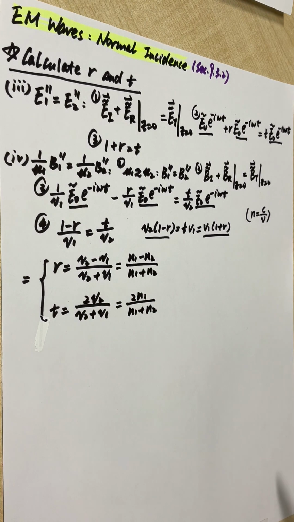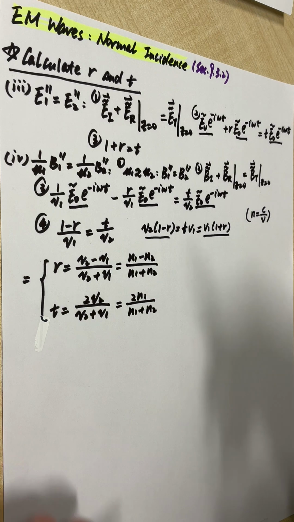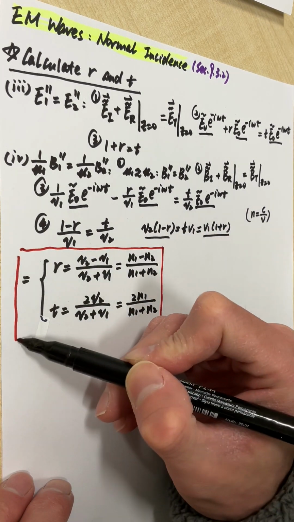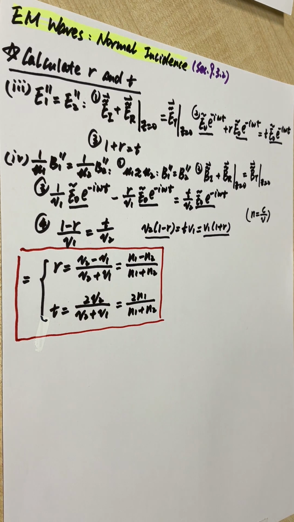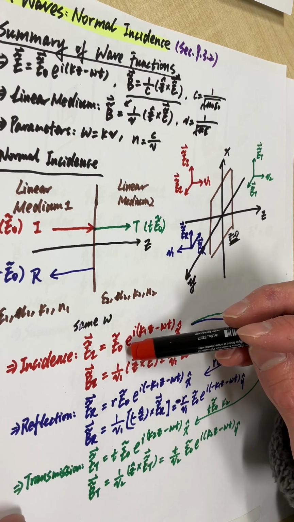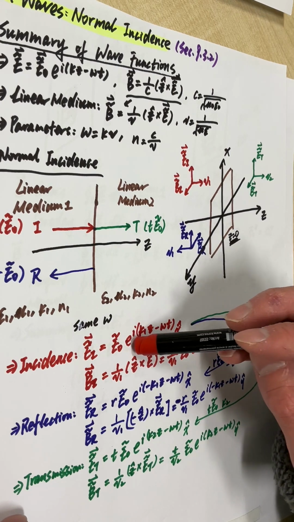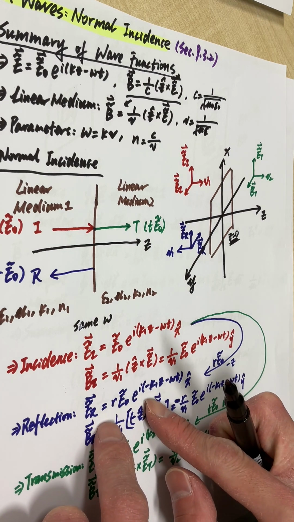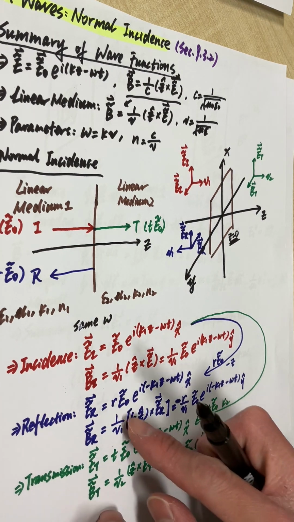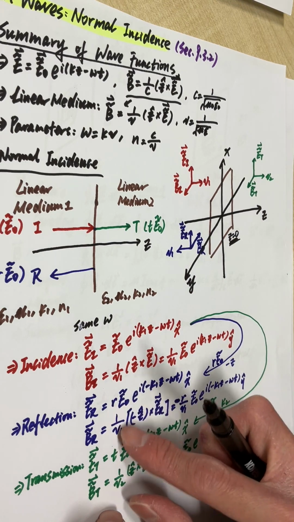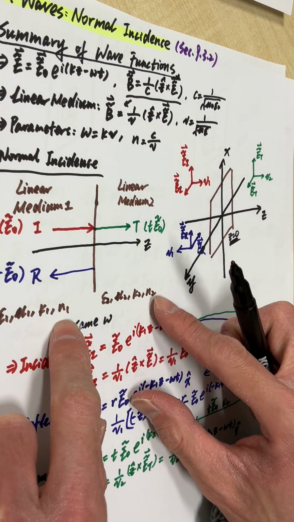So this is a very important conclusion, because now if we go back to the wave equation, if we know the incident wave, that's what we generated, we put the wave there. And then the reflected wave and the transmitted wave can be expressed in this way, where R and T can be expressed as a function of the medium parameters.